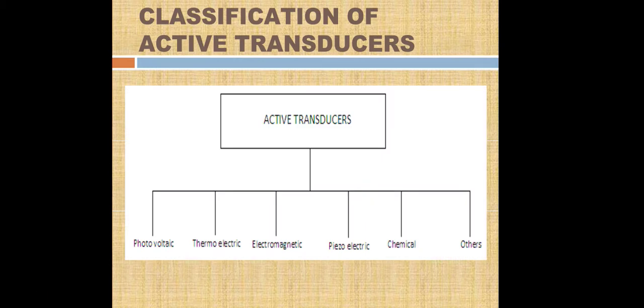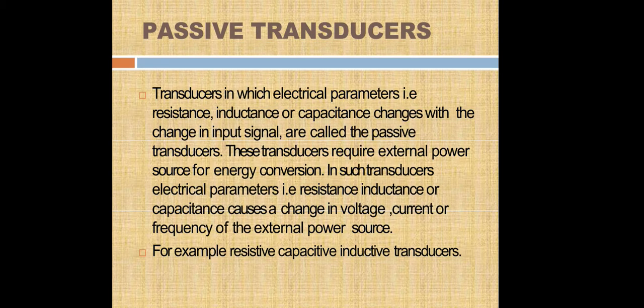Classification of active transducers: photovoltaic, thermoelectric, electromagnetic, piezoelectric, electrochemical, others. Passive transducers. Transducers in which electrical parameters such as resistance, inductance, or capacitance change with the change in the input signal are called passive transducers.